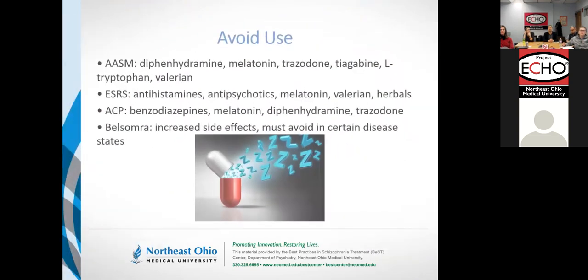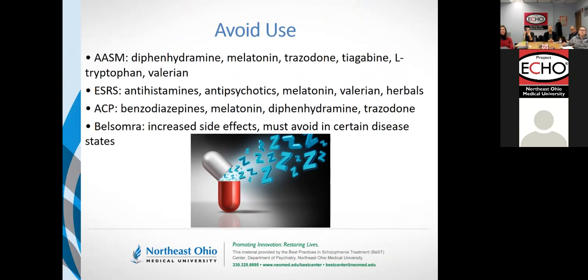And avoiding use. Those three societies that we just talked about: the AASM recommends avoidance of diphenhydramine, melatonin, trazodone, tiagabine, L-tryptophan, and valerian root, which is one of the herbals. The ESRS says to avoid use of antihistamines, antipsychotics, melatonin, valerian, and herbals.